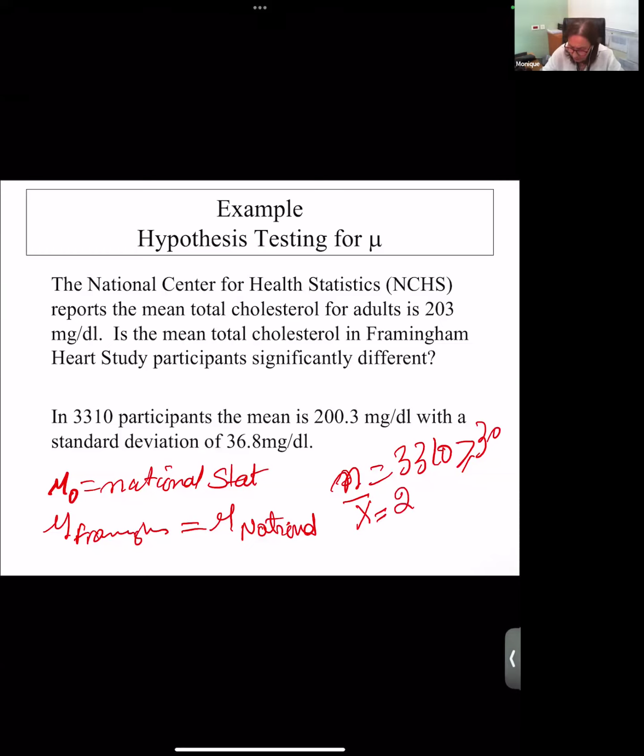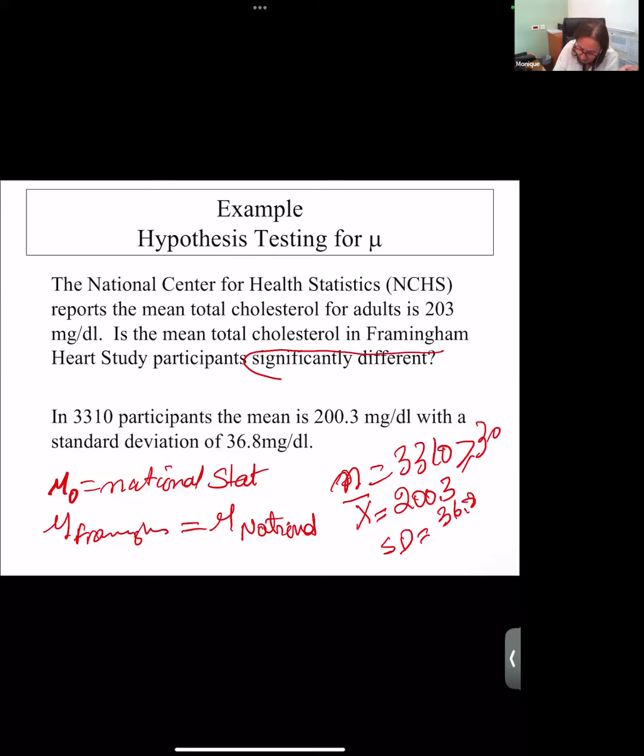So X bar is 200.3 with a standard deviation SD equal to 36.8. So we have the national as mu 0, and we want to check whether Framingham is significantly different. So is it one-tailed or two-tailed?